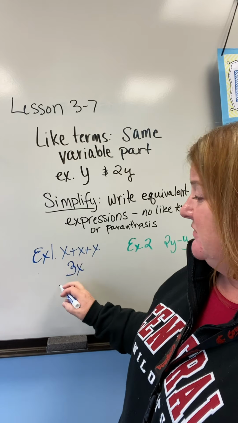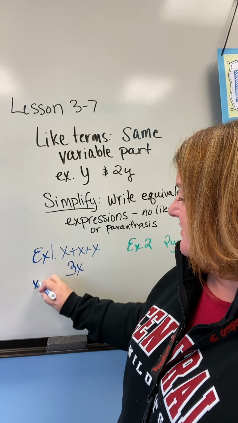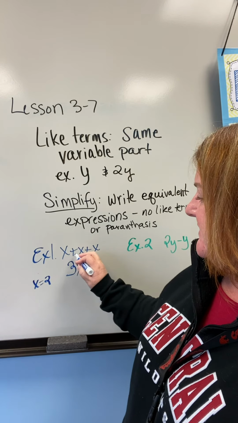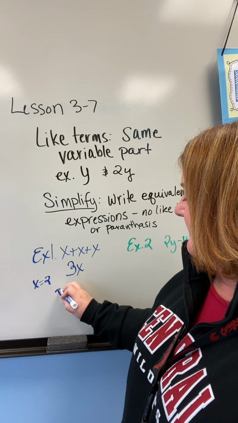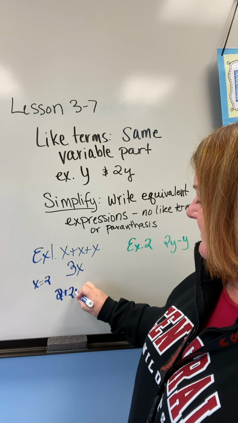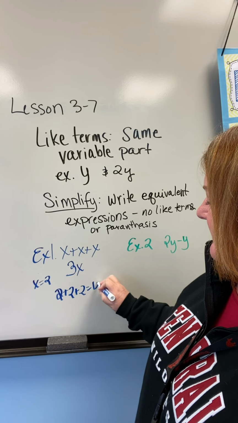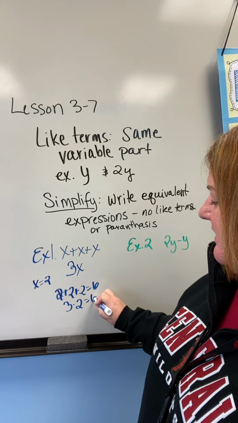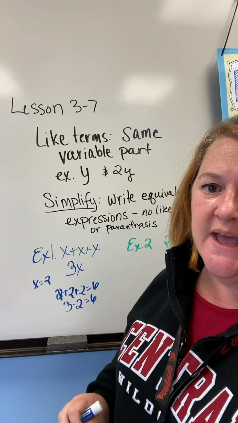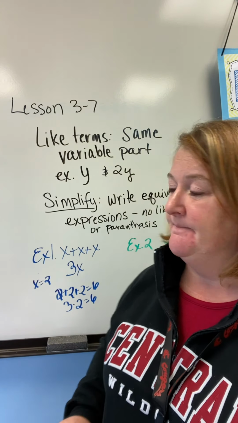I can put in 2, my favorite 2, so if x is 2, 2 plus 2 plus 2 is going to be 6. I should write it down. Or I can say 3 times 2, and I also get 6. So I know that it's an equivalent expression.